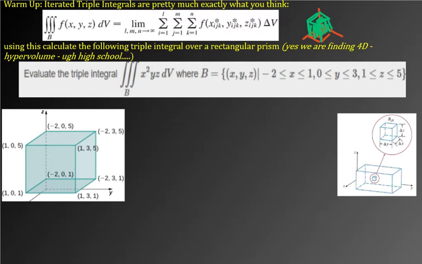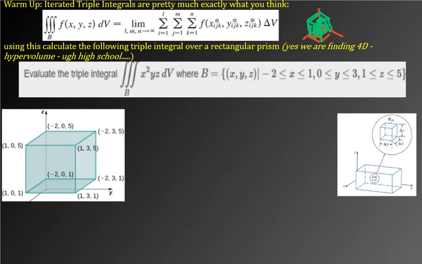To start off, I want to do a straightforward one. This is my function of 3 inputs, and I want to integrate over B, which is a nice box. It's got closed bounds for x, y, and z, and this is the box down here.